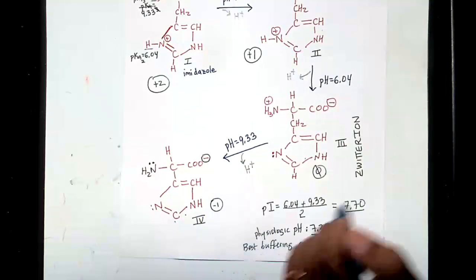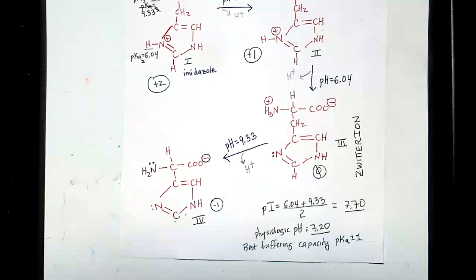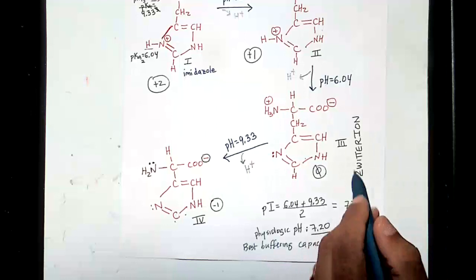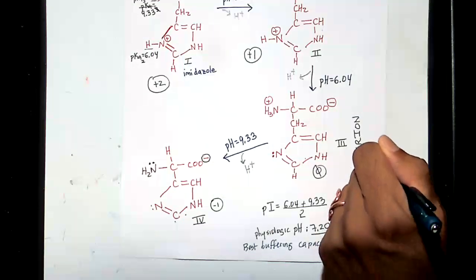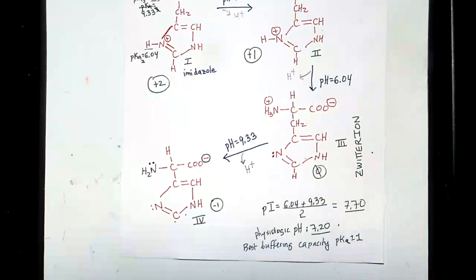So this is the best buffer inside the cell. Histidine is a natural buffer, is the take-home point. Histidine has the best buffering capacity because its Zwitter ion so closely matches the physiologic pH.